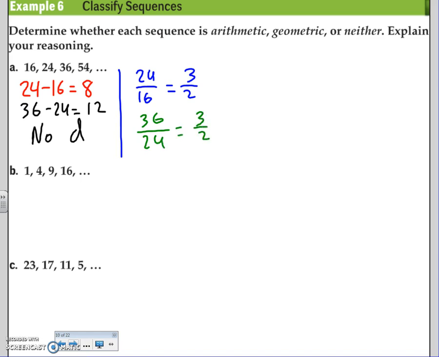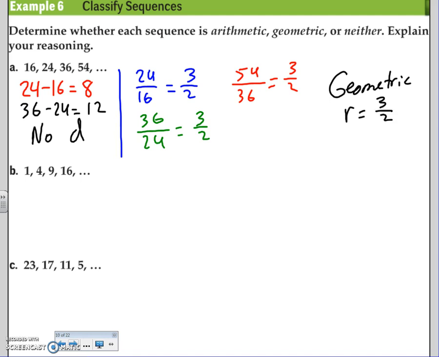I'm going to try one more, just to make sure all of them are consistent. 54 over 36, divided by 18, I get 3 over 2. They're all the same. So this one is geometric with the common ratio r equals 3 over 2. That's our multiplier.